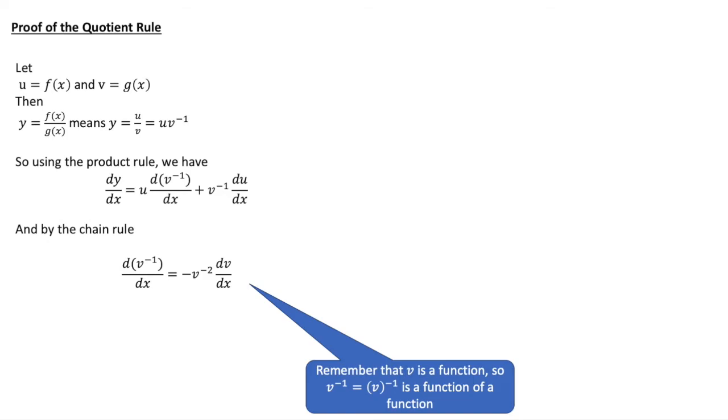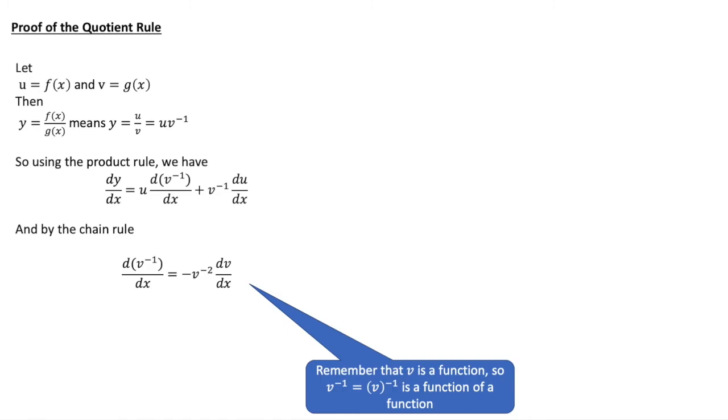So the inner function is v, so that gives us our dv by dx. The outer function is to the minus 1, and if we differentiate to the minus 1, we get a minus 1 coming down, or just minus. We subtract 1 from the power, which gives us our minus 2, and we pop the function back in, hence minus v to the minus 2.